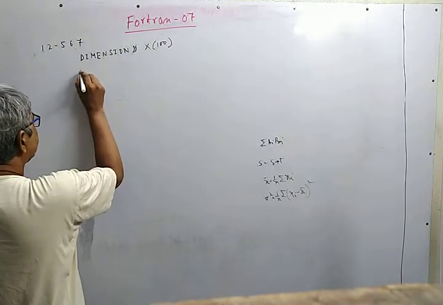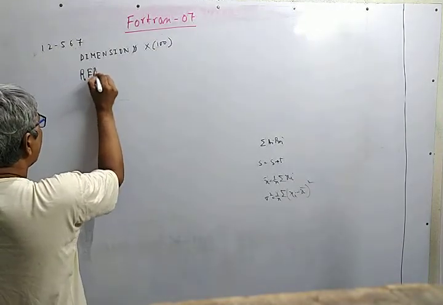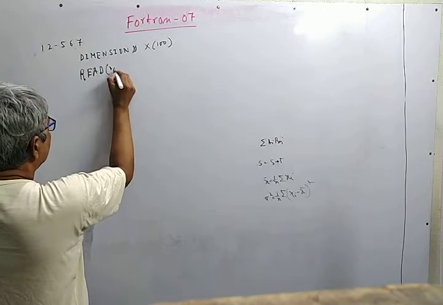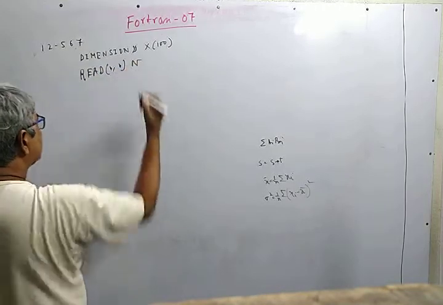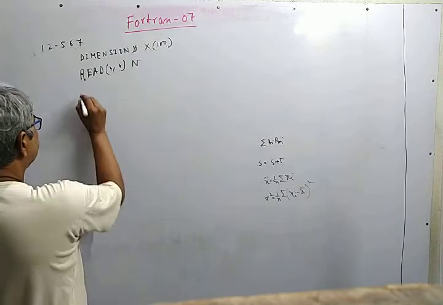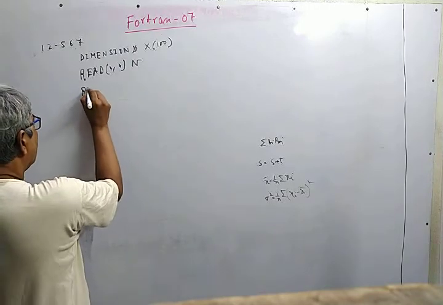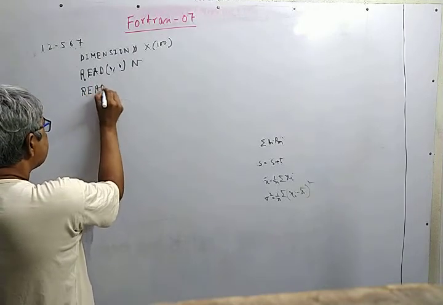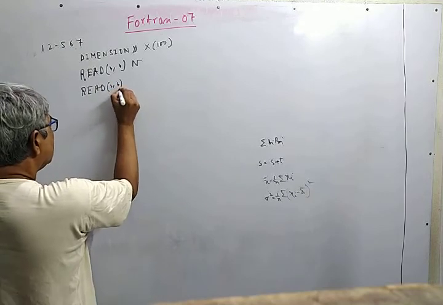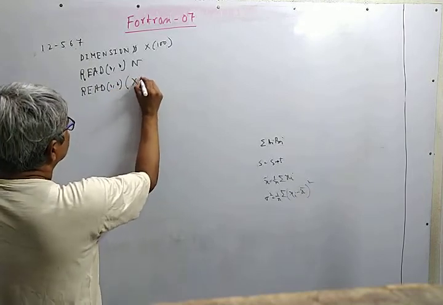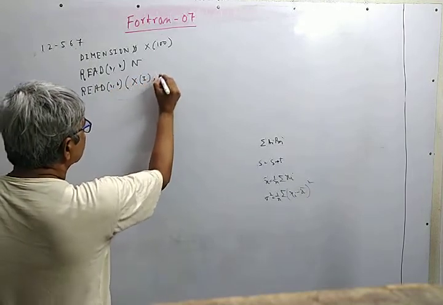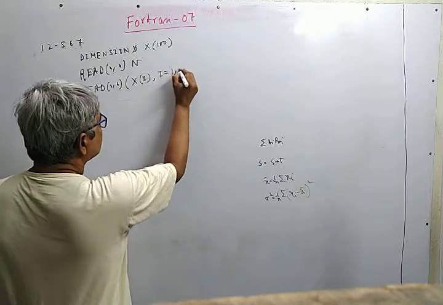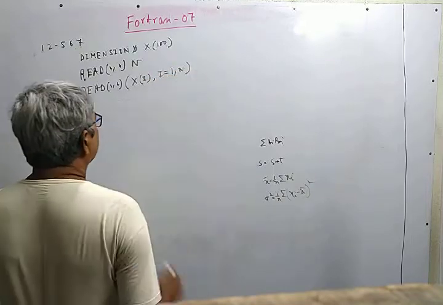Then second statement, read the number of data to be handled. Then it reads n data.